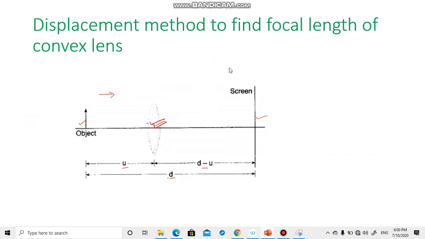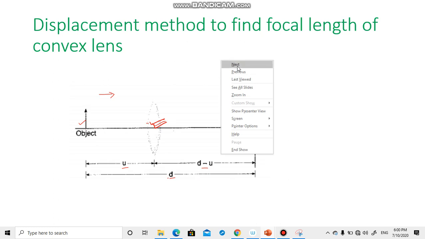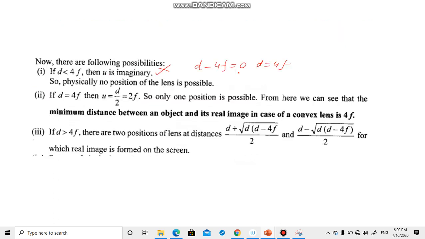This is what we have derived here. So U will become exactly half of the dimension, and U is equal to 2F. What is the meaning of that? Half of the distance is 2F, and the other half will be another 2F, total 4F.